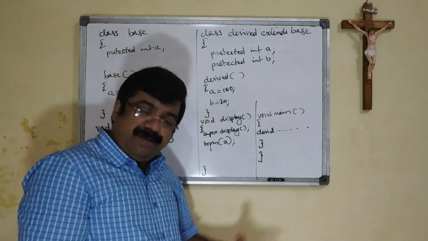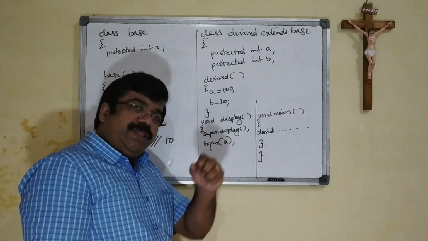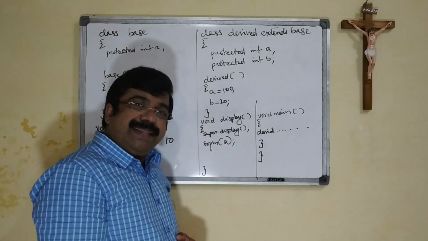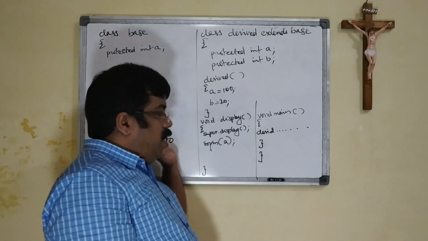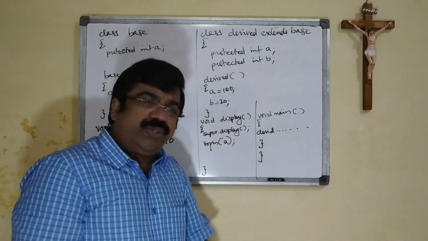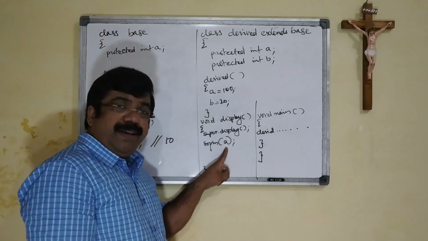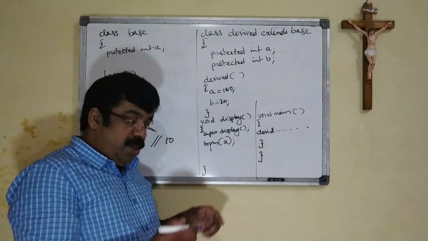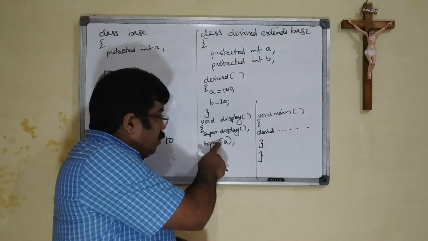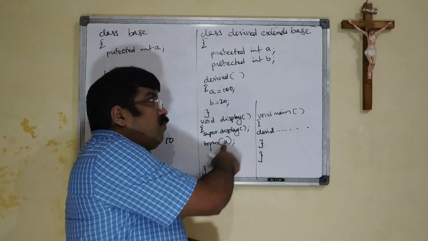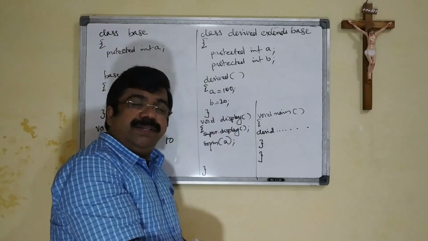As we were giving the display function with a link to the base class, we are giving super.display. Okay, it will go and print there. Our question is, what will happen here? SOPLN A. When we give SOPLN A, this A will be printed from the current class.